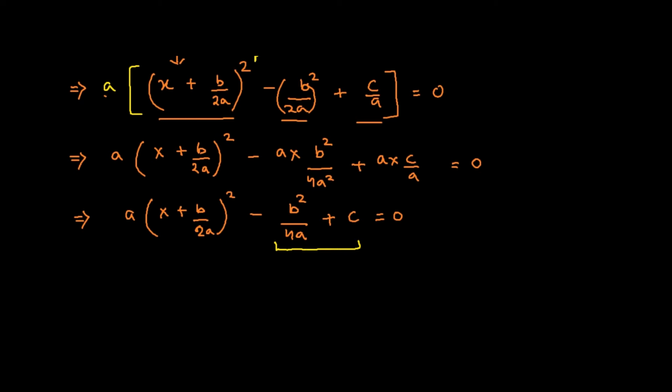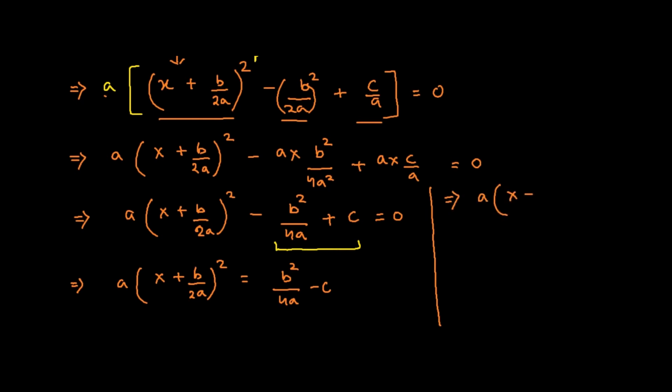You end up getting a times (x plus b over 2a) whole square equals b square over 4a minus c. Now let's write down here. You can solve this to a times (x plus b over 2a) whole square equals (b square minus 4ac) whole divided by 4a. So we are taking the LCM for these two terms.